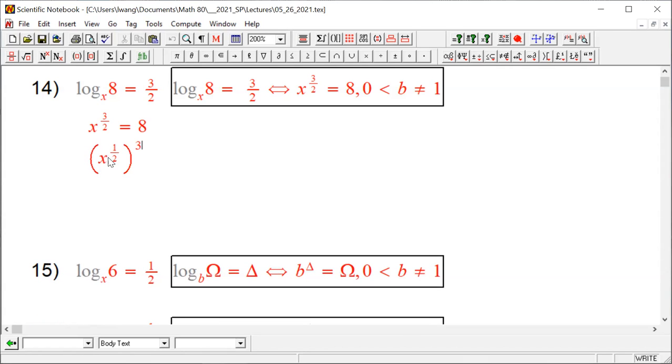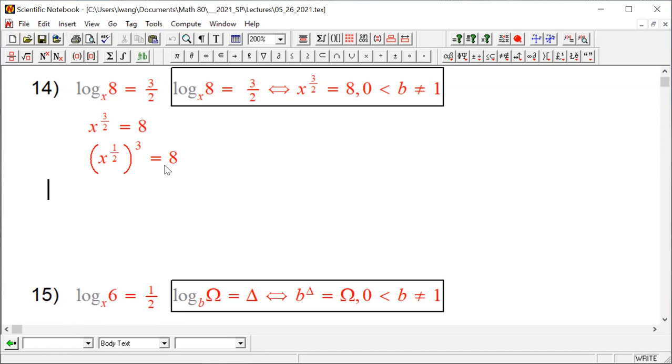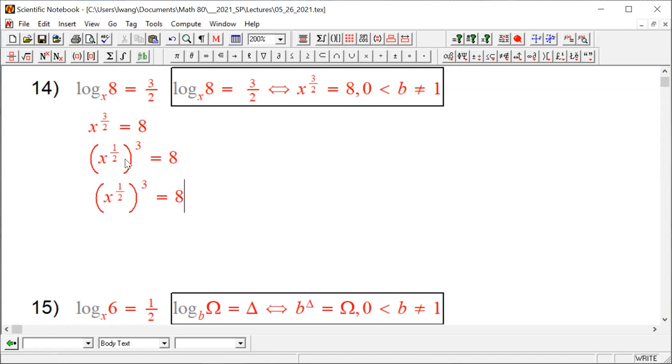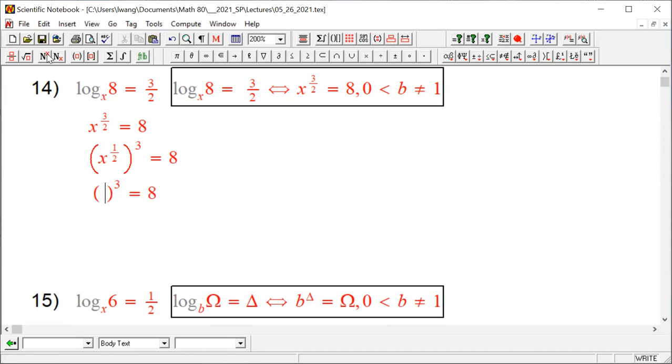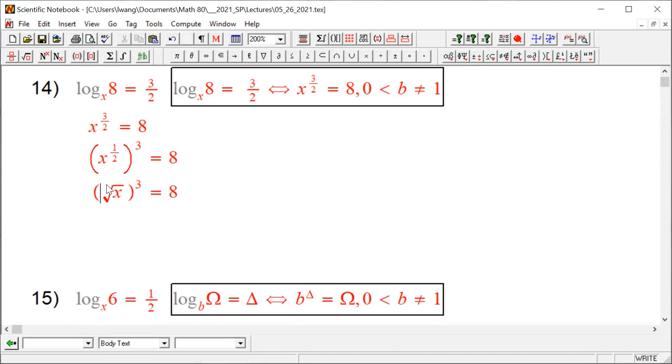Okay, because 3 times 1/2 is x raised to the power of 3/2 equals to 8. So what this tells us is that this is really square root of x. Okay, so the square root of x, cubed, equals to 8.